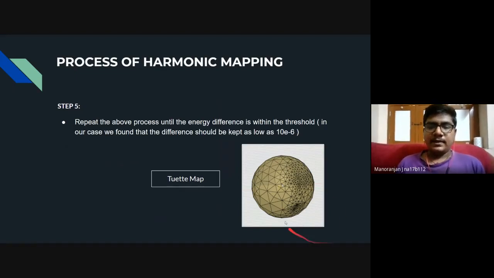Because if this Tutte map itself is very good, it will not do any change at all in some cases. If there is a need for change, then the harmonic map will further smoothen them out.